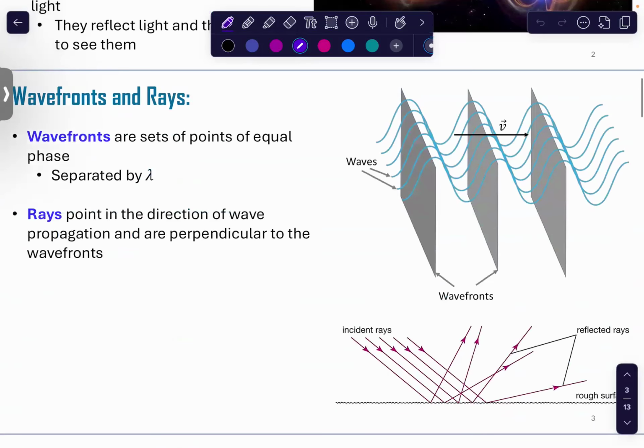Okay, wavefronts. We have to start thinking of electromagnetic waves in terms of wavefronts. A wavefront is a set of points of equal phase separated by a distance lambda. What is lambda? Wavelength. So what do we mean by points? Points all at the same phase.